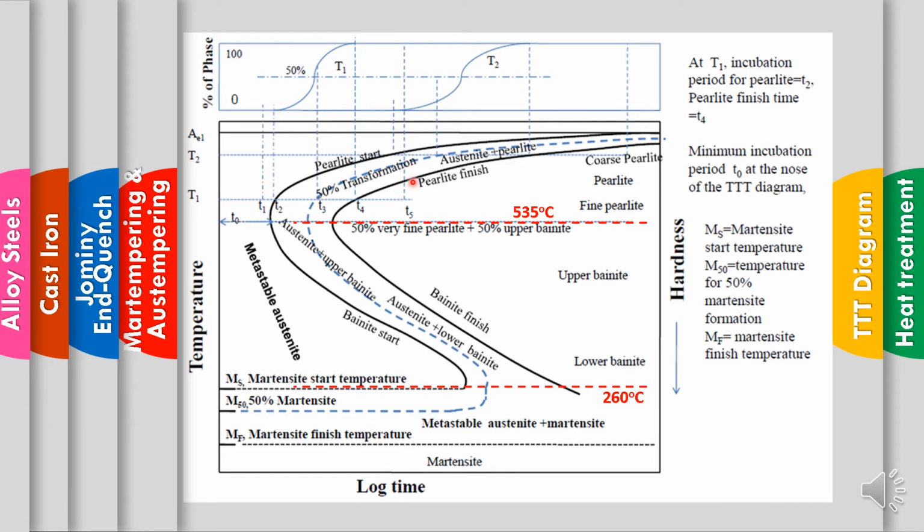So we can set a specific temperature, make a cross section and a projection, and then we can discuss the microstructure produced at the starting, middle, and final stage, or at the end of the cooling process.